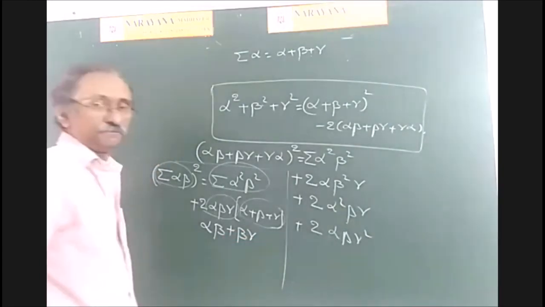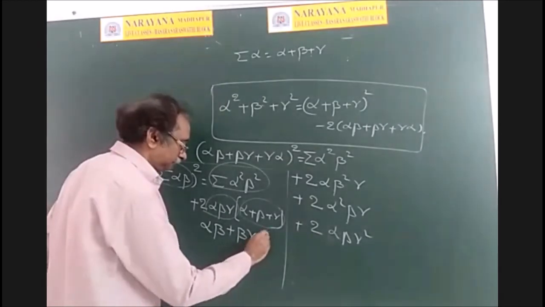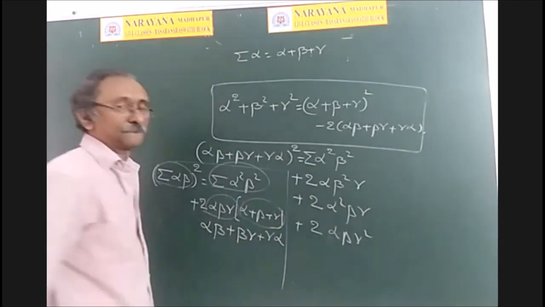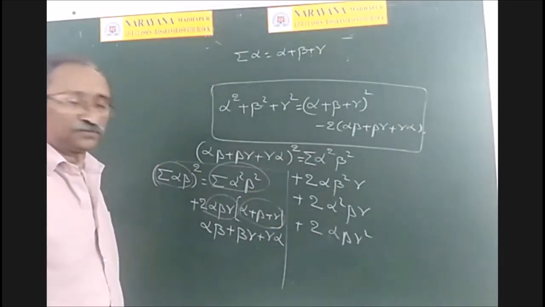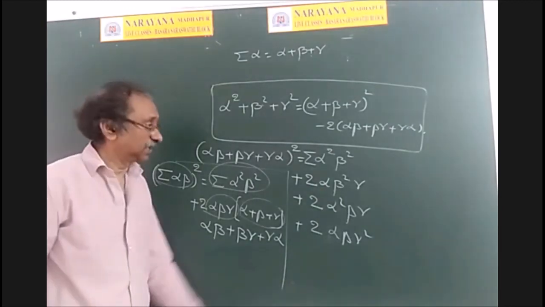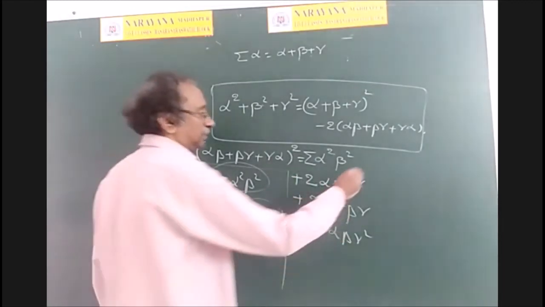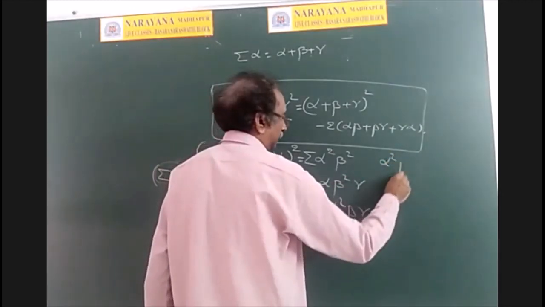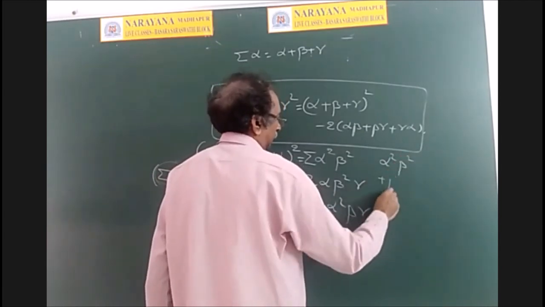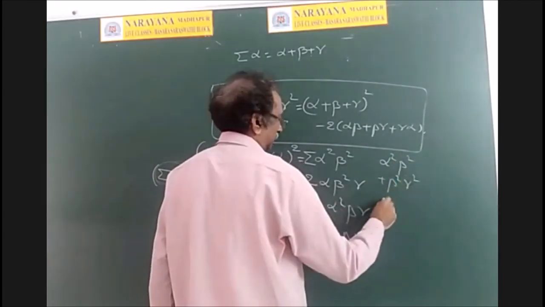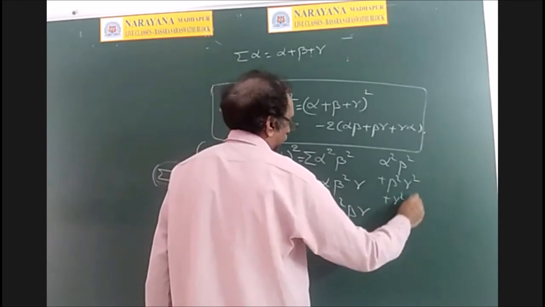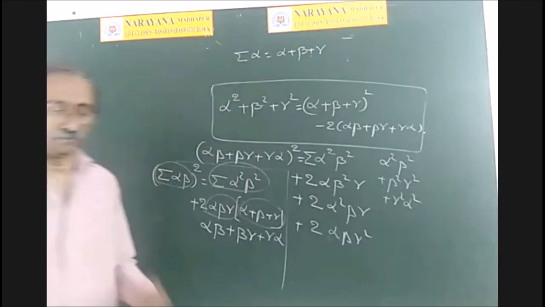Beta gamma. And the third term, gamma alpha. Okay, so that is the answer. Similarly, sigma alpha square beta square means alpha square beta square is the first term, beta square gamma square is the second term, and gamma square alpha square is the third term.